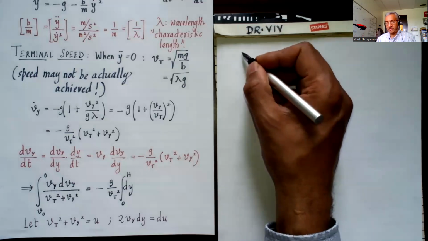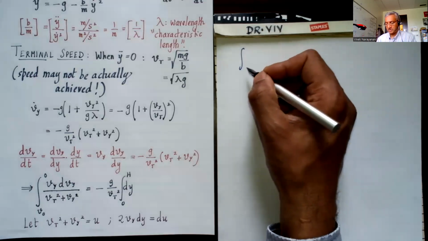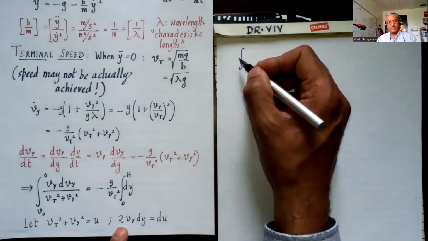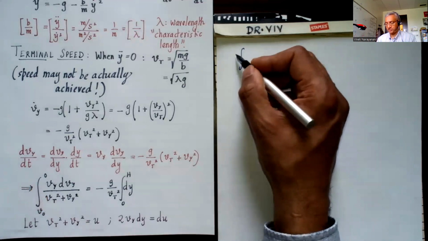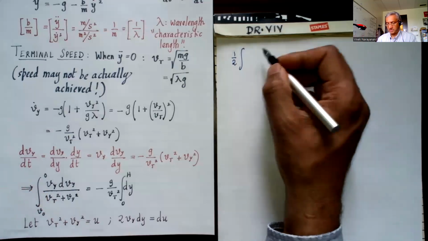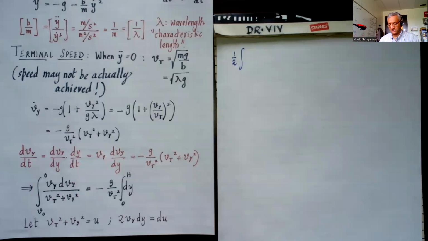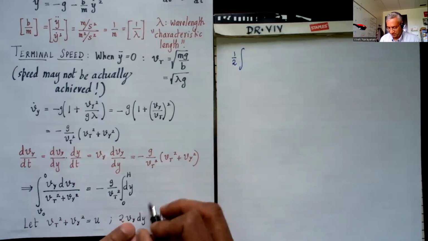So I go from the integral. There's a 2 here that I need, which I don't have here. So it's going to be 1/2. And then I get a 2 vy dvy. That's a dvy here.